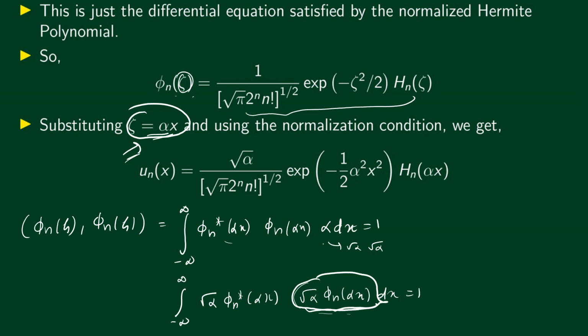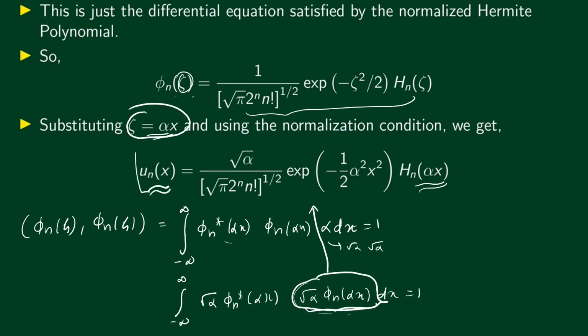So it's square root of alpha divided by this normalization factor, and exponential of minus zeta squared by 2 is now written as minus half alpha squared x squared. We are simply writing zeta equal to alpha x in here, and this is Hn of alpha x. These are the normalized energy eigenfunctions, and this function of x we can simply write as un of x.